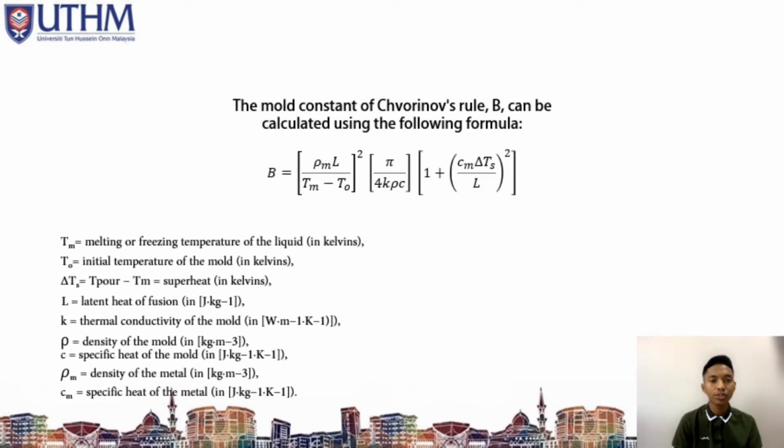The mold constant of Chvorinov's rule can be calculated using the following formula.